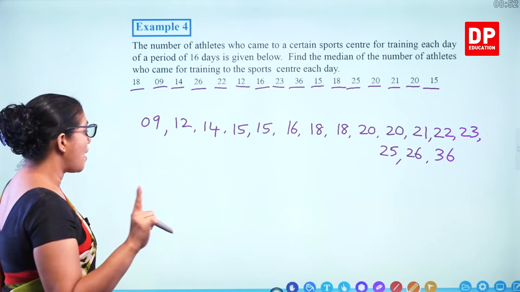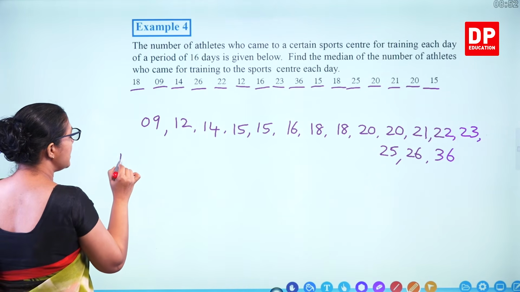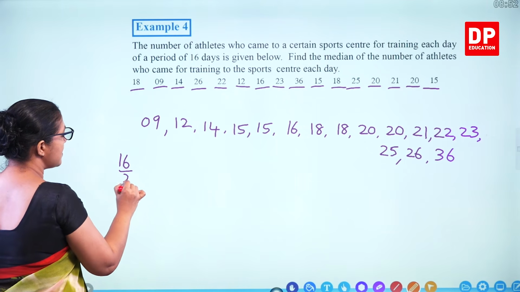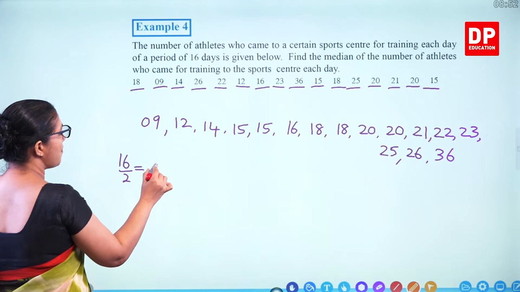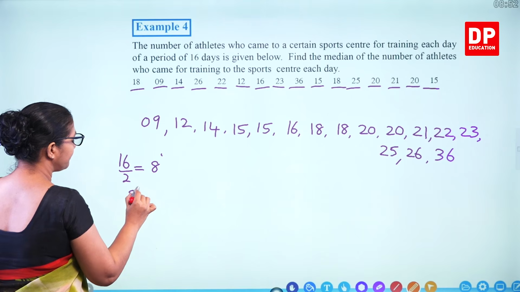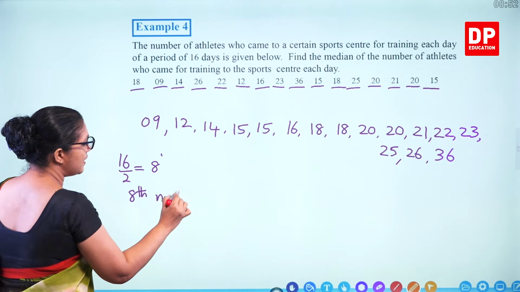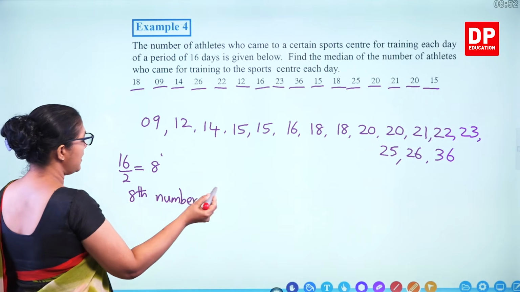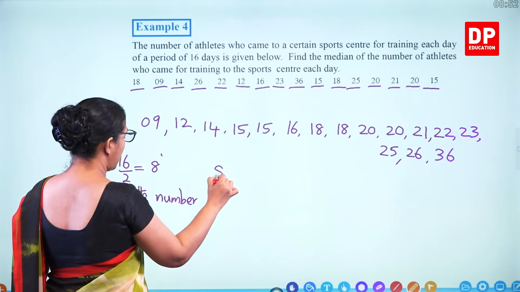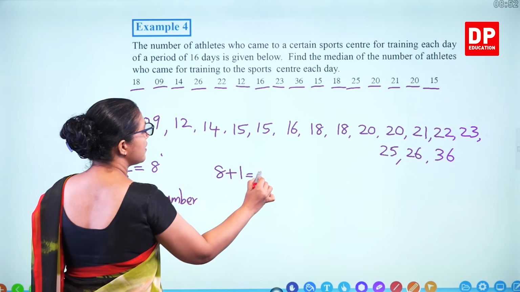16 is an even number. So how do you find the median? You take 16 divided by 2. That's the 8th one, the first middle number. For the second middle number we take 8 plus 1, that's the 9th.